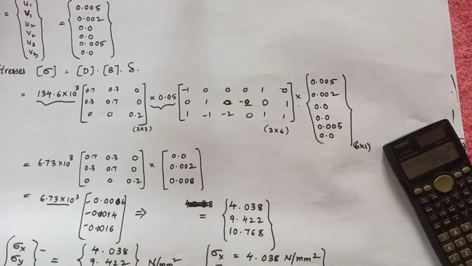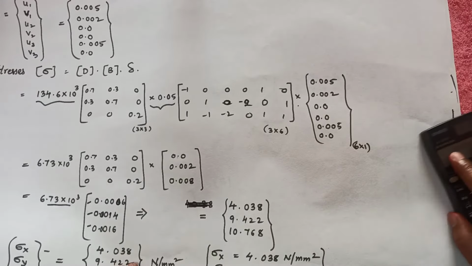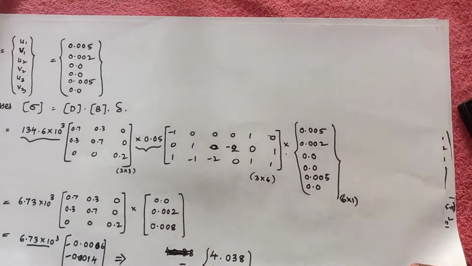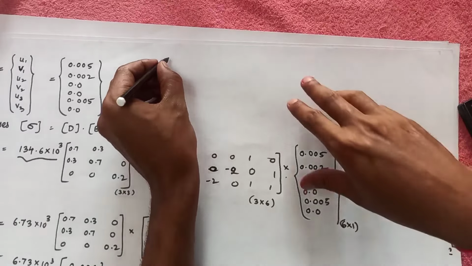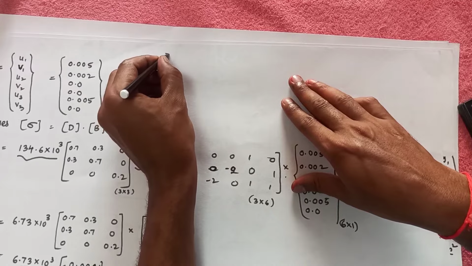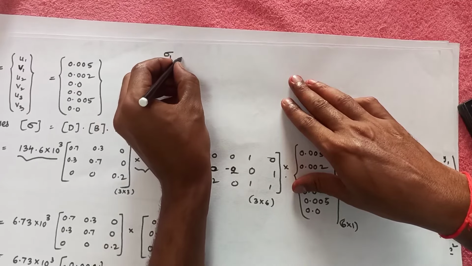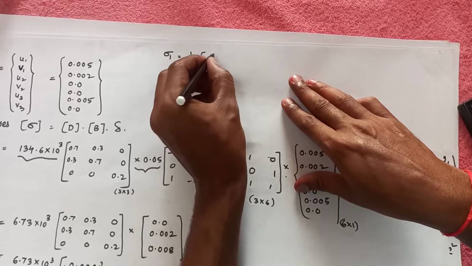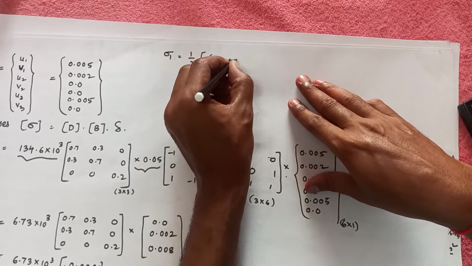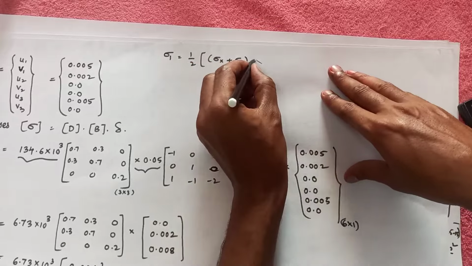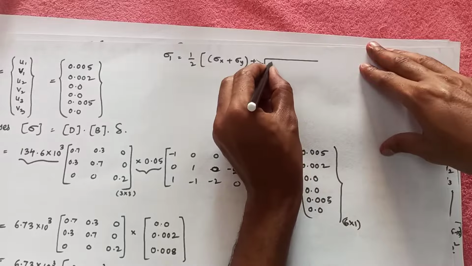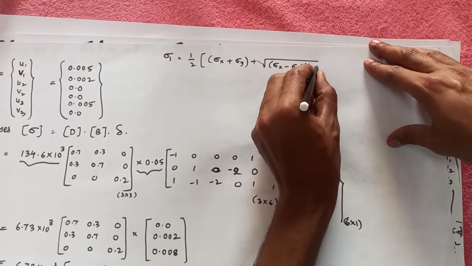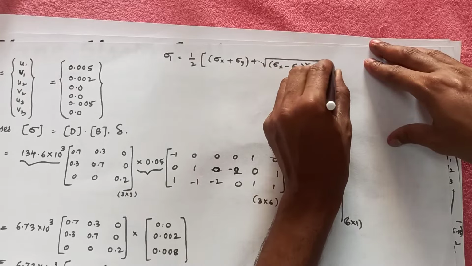Okay, now you need to calculate what are the principal stresses. Okay, so for principal stresses, there is an equation I will write here. One, it will be the maximum principal stress, that we will write as sigma 1. For that we have the equation: 1/2 of sigma x plus sigma y plus root of sigma x minus sigma y whole square plus 4 tau square.